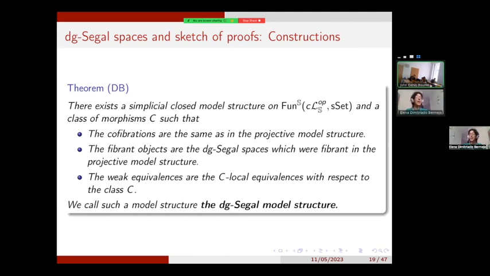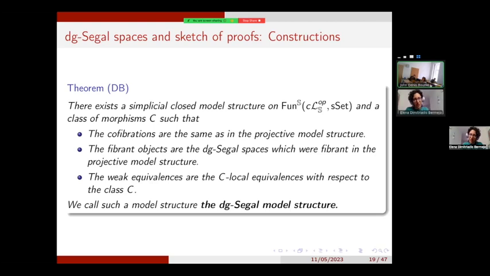There is a kind of morphism that should be invertible, but isn't. We have the exact same issue that Rezk had in his paper. So we're going to have to define complete DG-Segal spaces.